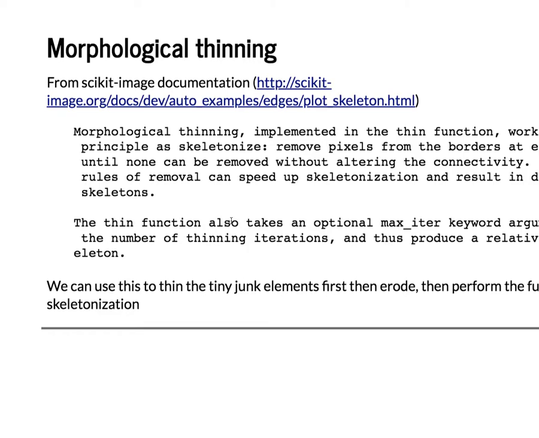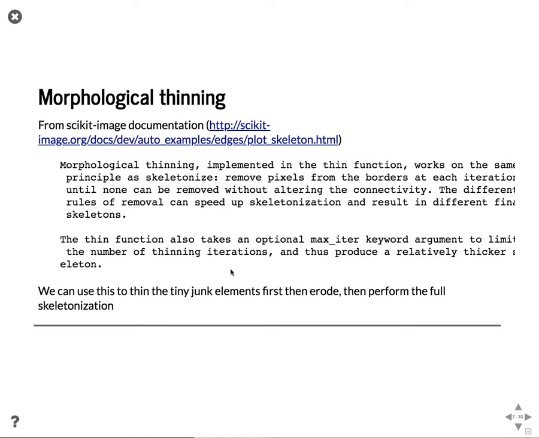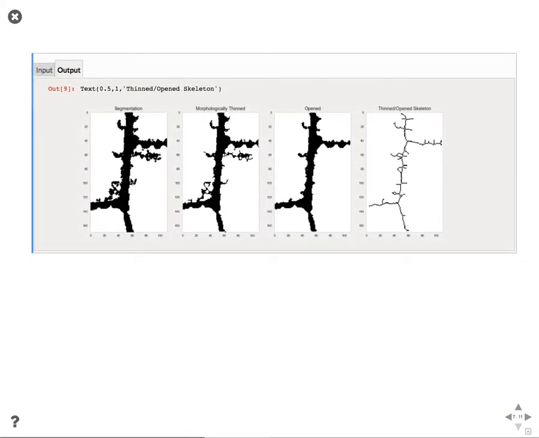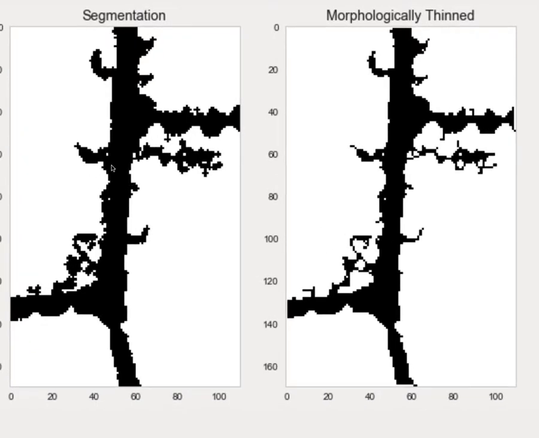One of the things we can do with this is called morphological thinning. You get rid of some of the tiny junk elements first, then erode, and then perform the full skeletonization. These are steps that require quite a bit of iteration and experimentation, but we can take the segmentation we have and perform a morphological thinning, which is an erosion, but a slightly safer erosion to perform.